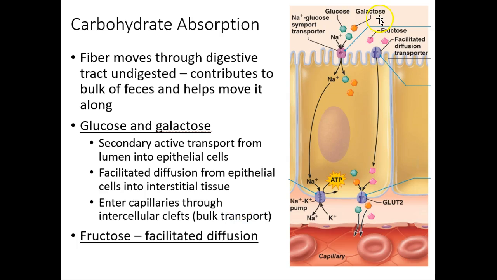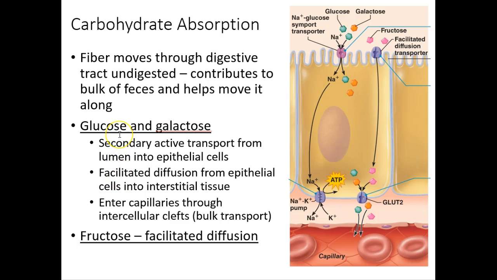Carbohydrate absorption is basically going to be moving the sugars from the small intestines through facilitated diffusion. So diffusion through a special protein that's going to move it from high concentration to low concentration, and it's just going to keep moving it that way to the other side.